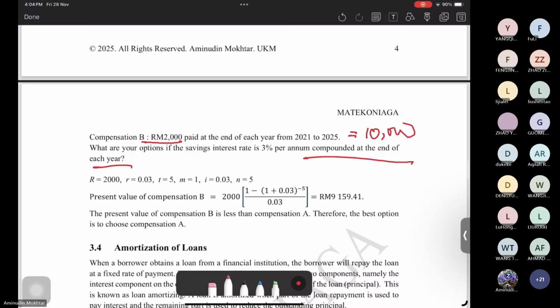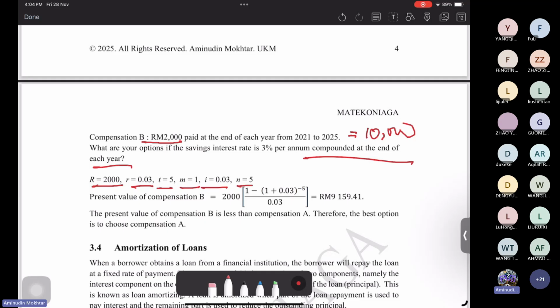So we need to find the present value of this annuity, where R, the amount of annuity you will receive, is 2,000. The interest rate is 3% per annum compounded at the end of each year, m equal to 1. T, number of years, equal 5. i is 0.03 divided by 1, 0.03, and n equal 5.